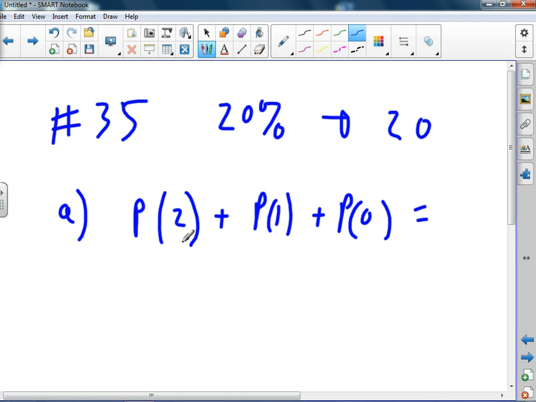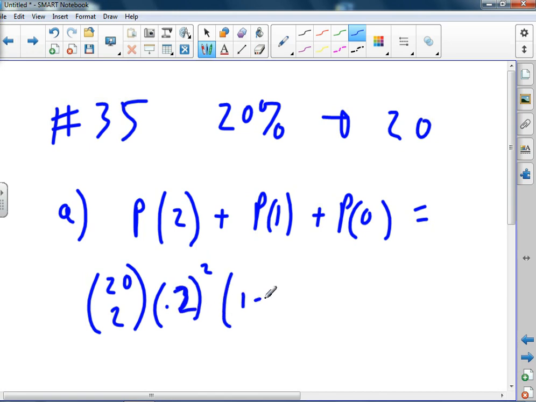Okay, so I've got 20 students taken 2 at a time, 0.2 squared, 1 minus 0.2 to the 18th.